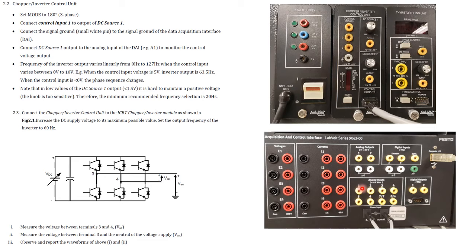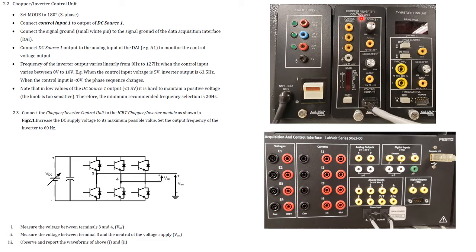Let me explain what you are doing. This is connected to your inverter, and you want to change the frequency of your inverter, or the switching frequency. By changing the switching frequency, you can produce any frequency that you want for your induction machine.